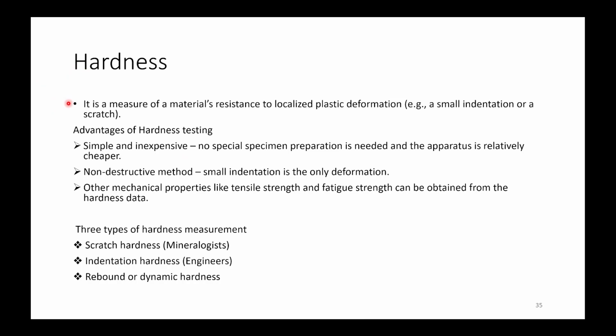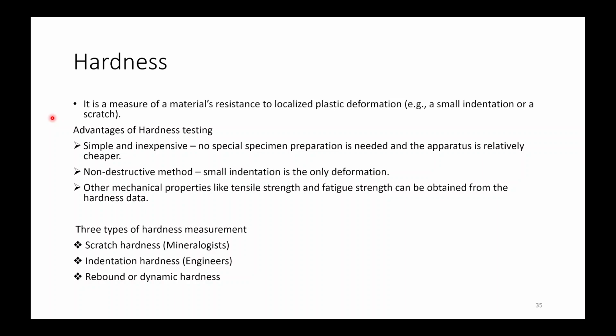Another property is hardness. It is a measure of a material's resistance to localized plastic deformation, for example, a small indentation or a scratch. The advantages of hardness testing: it is a simple and inexpensive technique, and no special specimen preparation is needed, unlike scanning electron microscope, TEM and other methods, or tensile testing, where we need to prepare the sample according to dimensions, and impact testing as well.